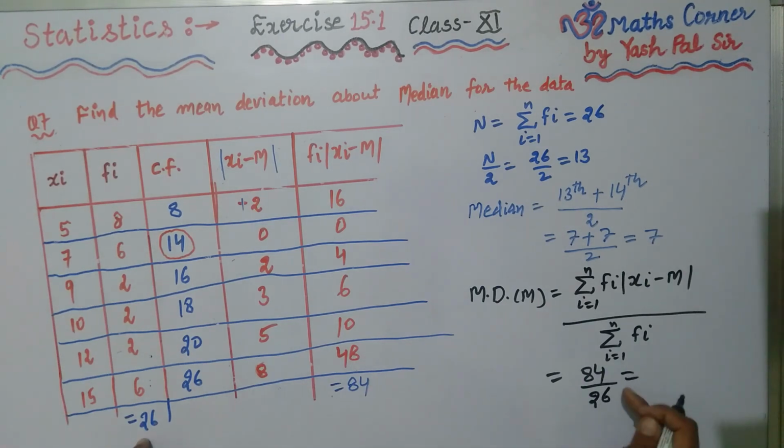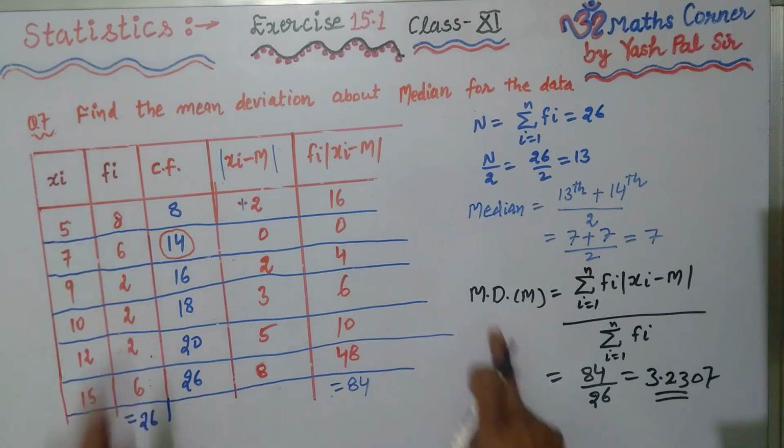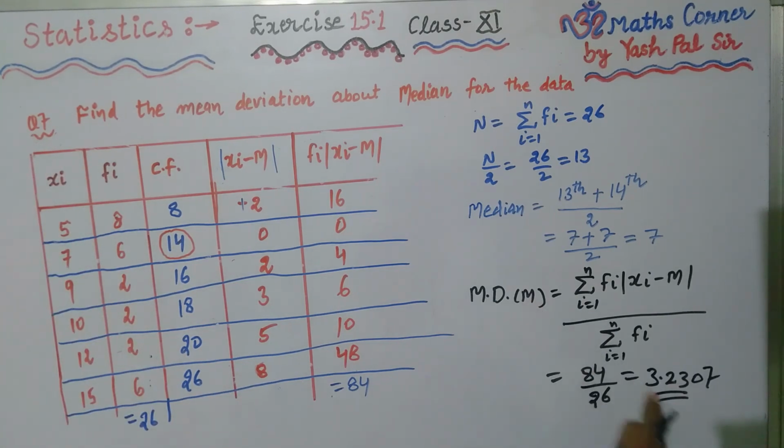So 84 divided by 26 is 3.23. We got 3.2307, we can omit the 07. Okay, so finally, for question number 7, the mean deviation about median is 3.23. Now next question.